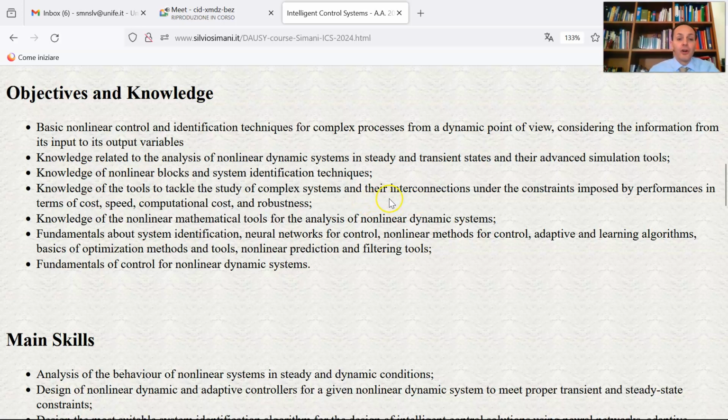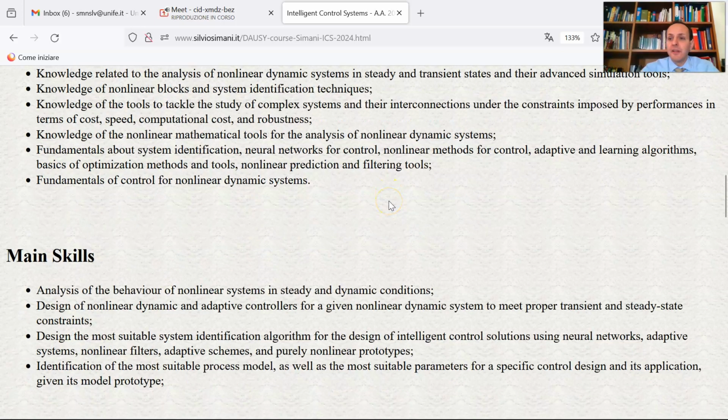I will try, or you will see in the first modules that I'm providing, I'm showing some mathematical tools that are quite theoretical, but for the analysis that is just an overview.